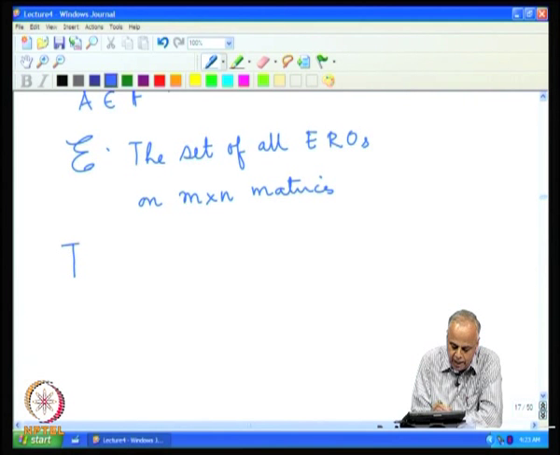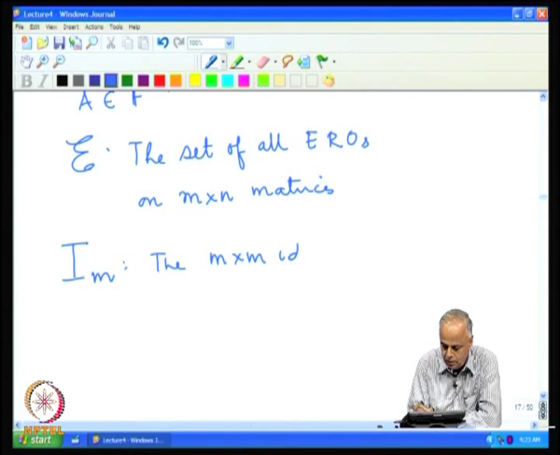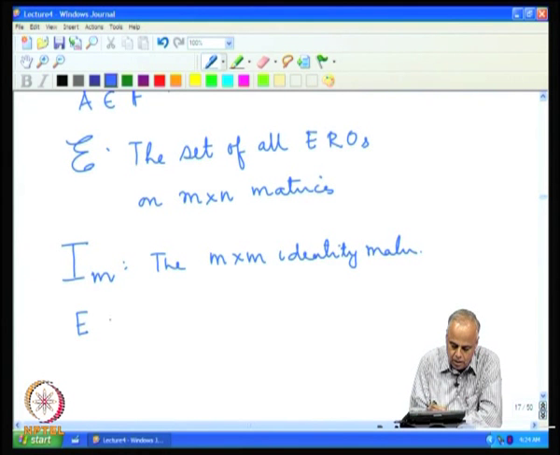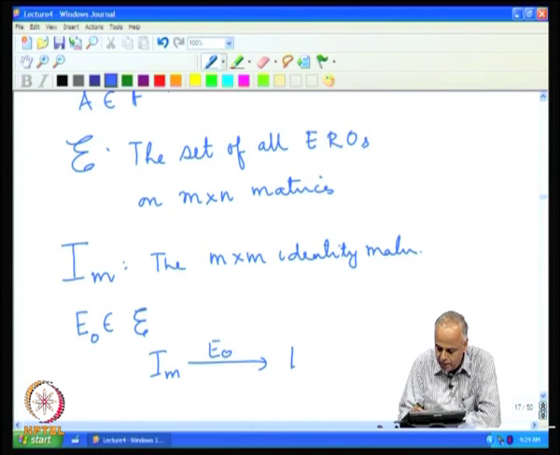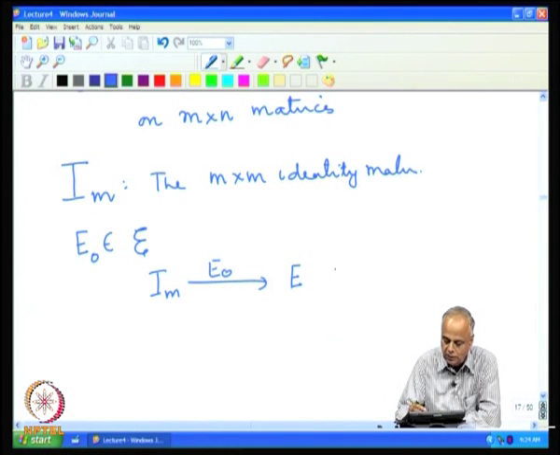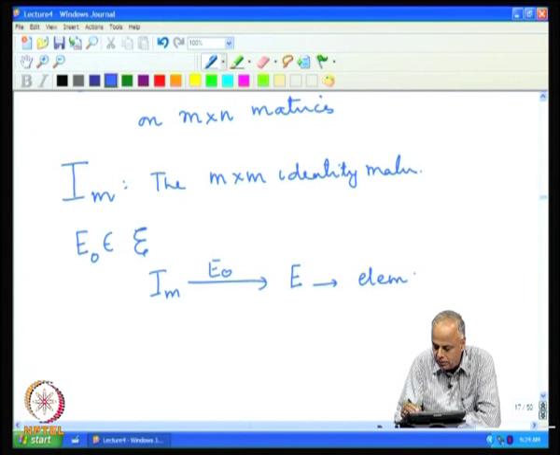Now, suppose I take I m, the m by m identity matrix, and take E in E, that means E is an elementary row operation, and I apply E to this, I am going to get, let us call it E naught, and then we get a matrix E. That is, by applying an elementary operation to an identity matrix, we get a matrix E. Such matrices are called elementary matrices.